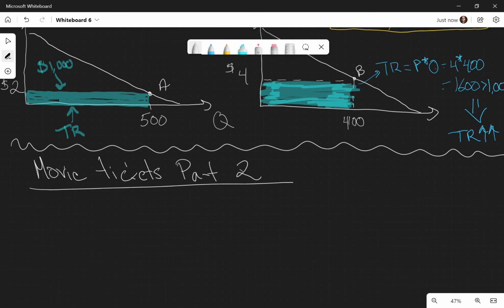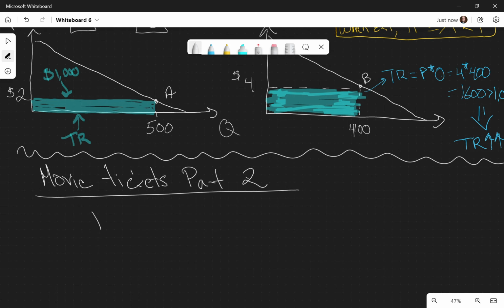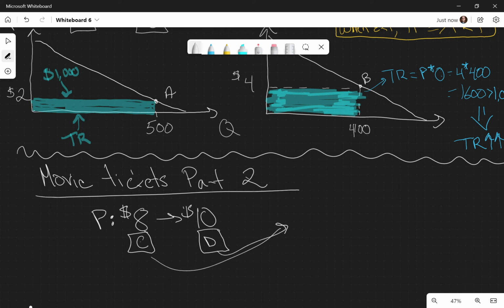So now we are told that the ticket prices have gone from $8 to $10. And we're told that both of these prices, actually let's not do A and B because that's going to be confusing, let's do C and D. Both C and D are above the midpoint.